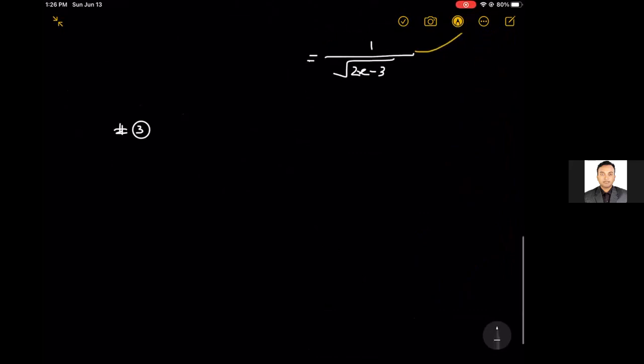Limit x tends to, let's say 5, and we have x minus 5 at the bottom, and 5x squared minus 125.